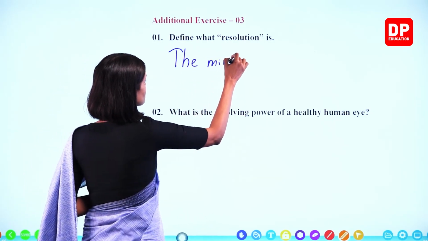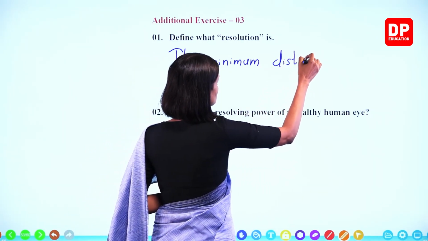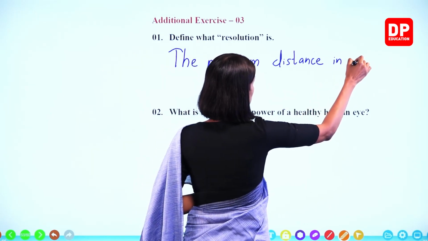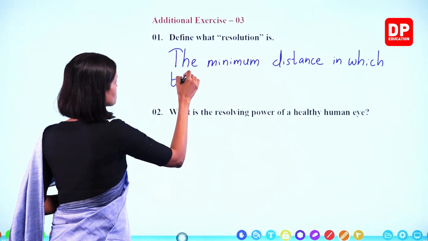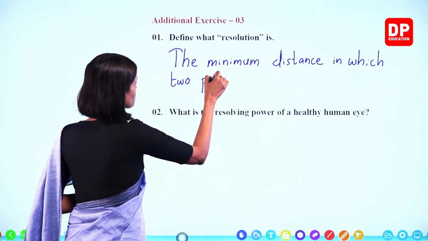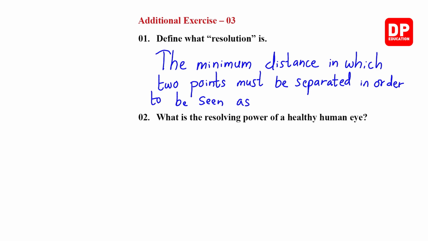The minimum distance in which 2 points must be separated in order to be seen as 2 separate points.